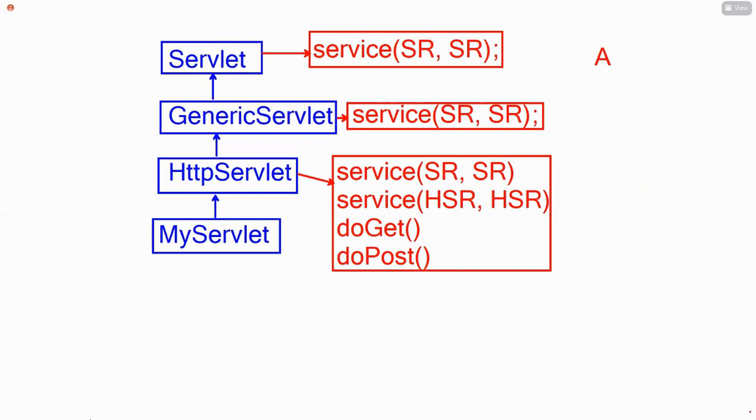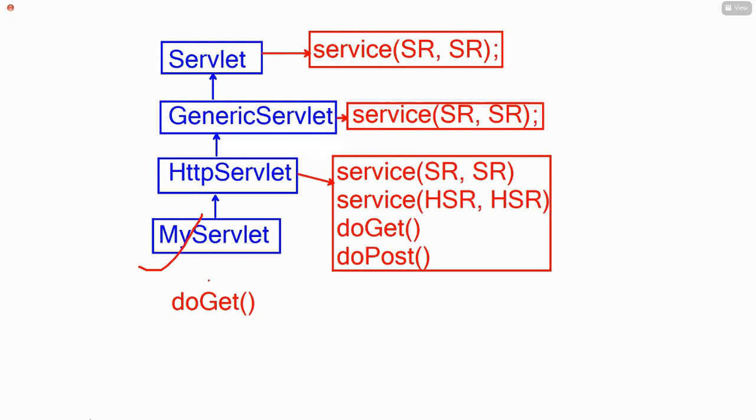Here, in my servlet, suppose I override doGet. Now from the browser, one request comes to my servlet, and the MyServlet object is created. It knows only the lifecycle service method. Is the lifecycle service there in MyServlet?